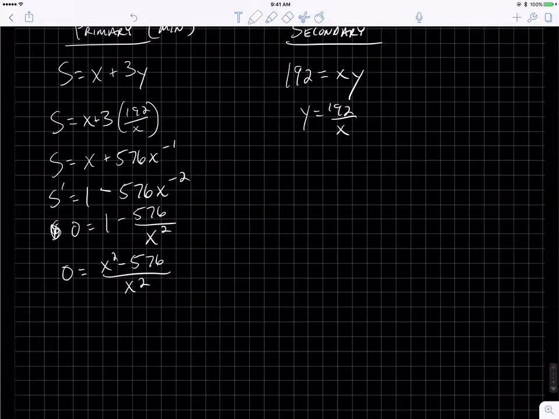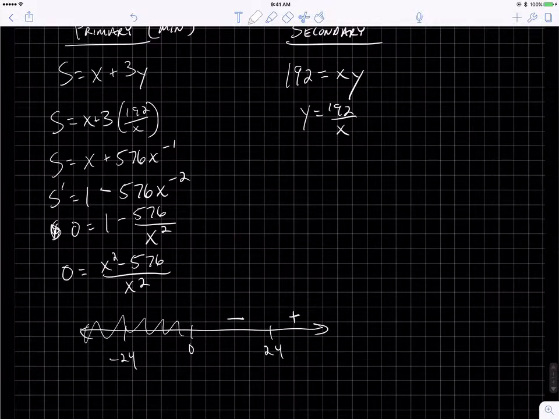So when I combine, I want to find now where the top and the bottom both equal 0 to find our critical numbers. So that's at 0, and then the square root of 576 plus or minus, which is 24. Since they wanted 2 positive numbers, I don't have to test here because neither of those numbers are positive. I do have to confirm that this goes minus plus.